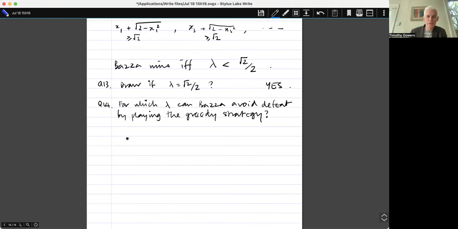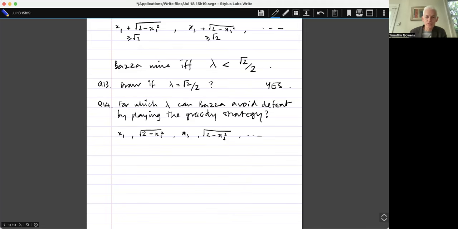So what we'd like is to say Alice chooses x1, and then Bazza chooses the square root of 2 minus x1 squared. Alice chooses x3. Bazza chooses the square root of 2 minus x3 squared, and so on. But as we noted before, this strategy is not necessarily possible.